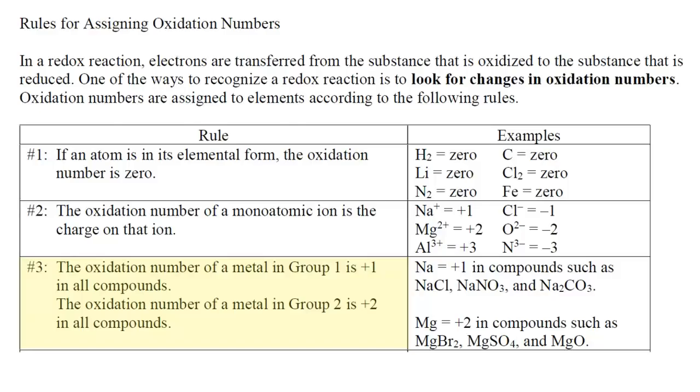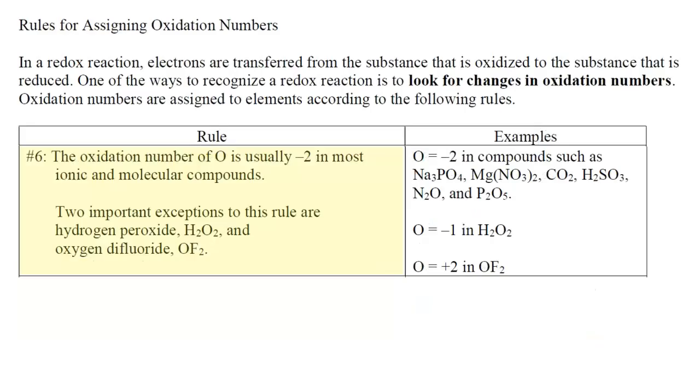And so highlighted on this slide says that the oxidation number of a metal in group 1, such as sodium, would be +1 in compounds containing sodium. So the oxidation number of sodium is +1 in most ionic compounds.